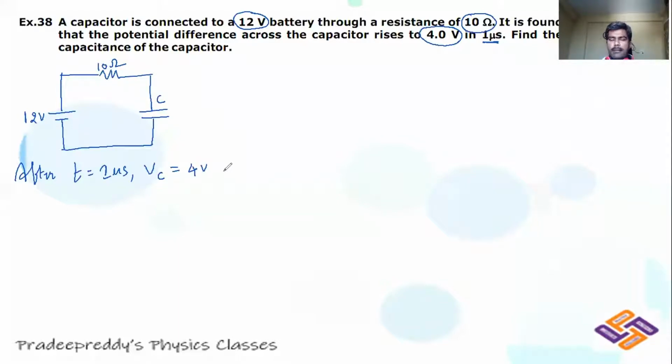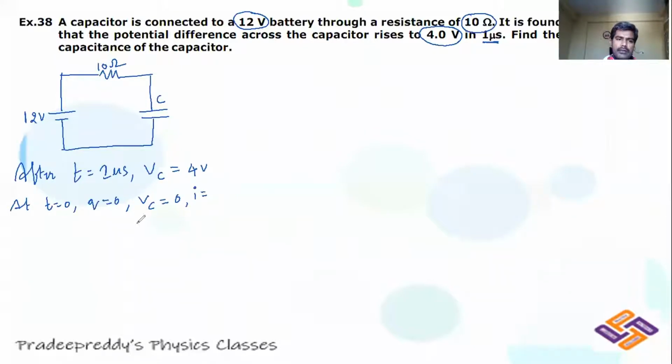Now what actually happens when you connect all these components in series? See, this is a battery. Initially at time t equal to 0, the charge on the capacitor will be equal to 0, and the potential on the capacitor will be equal to 0. And the current is maximum, I is equal to V by R, that is 12 divided by 10.